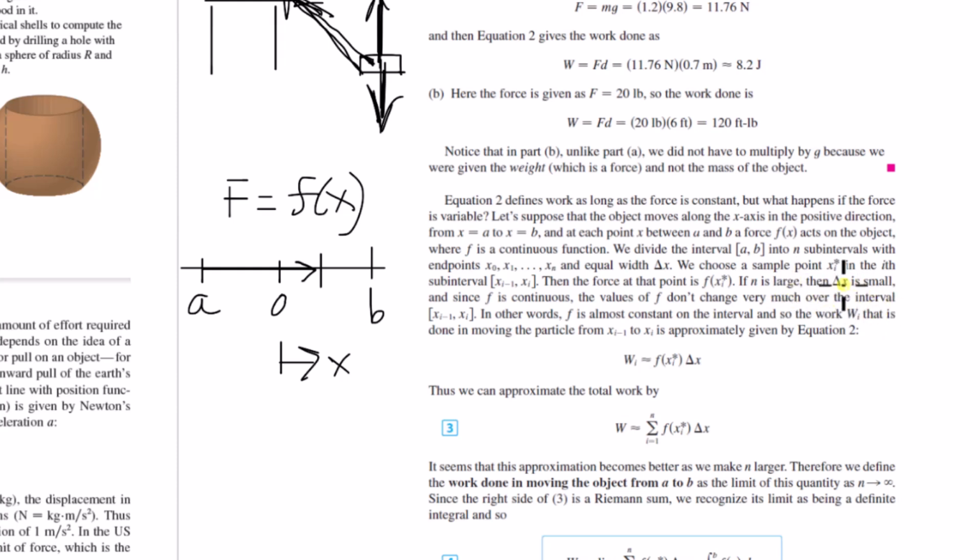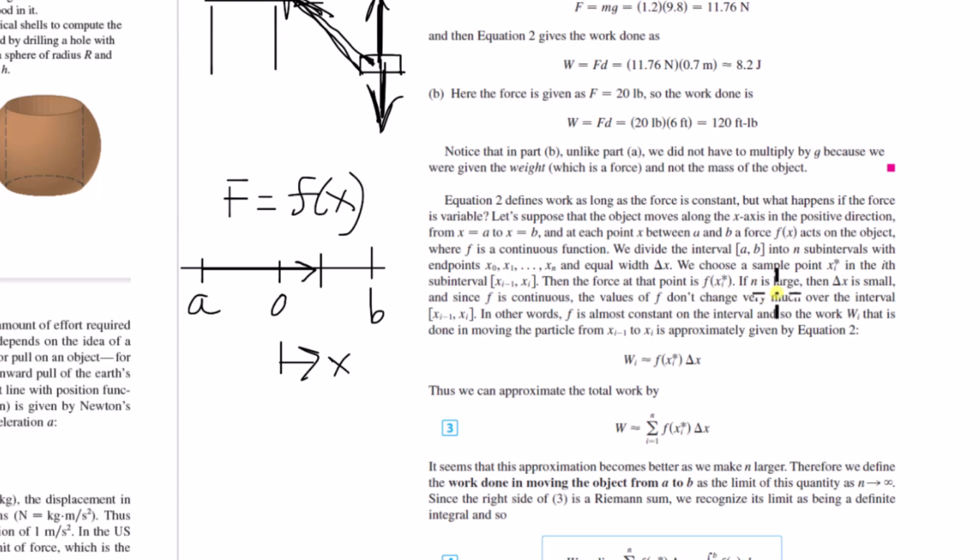So if n gets large, then no matter what position xi star you choose, left endpoint, right endpoint, whatever, it's a good assumption that the force is constant over the interval.